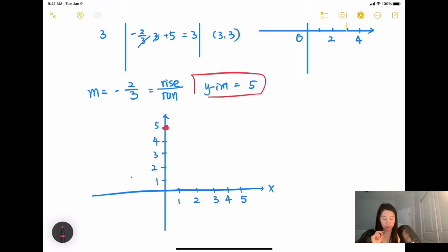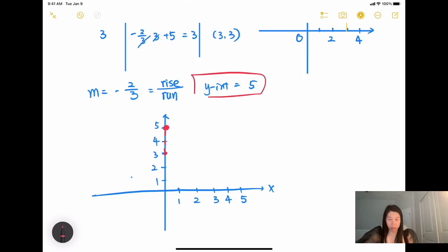So we have 5. Now we use the slope, rise and run. You can either do -2 as the rise and 3 as the run, or 2 as the rise and -3 as the run. You can put the negative on either one. I like to put it on the top, so I will consider I rise -2. That means I go down 2, which is here.